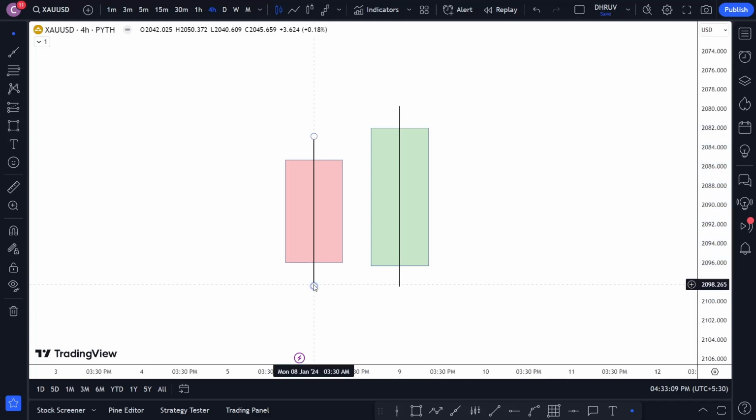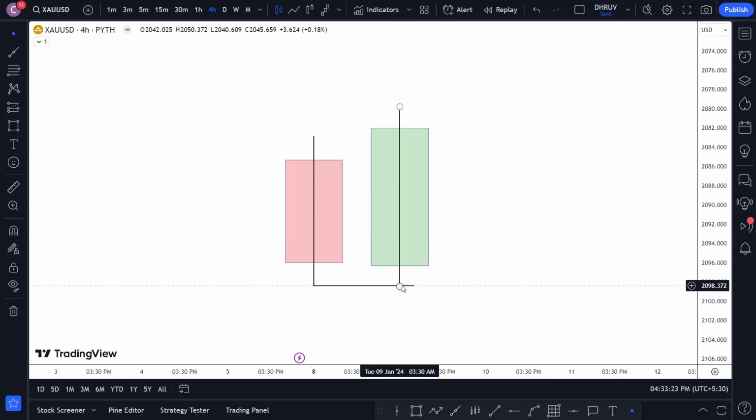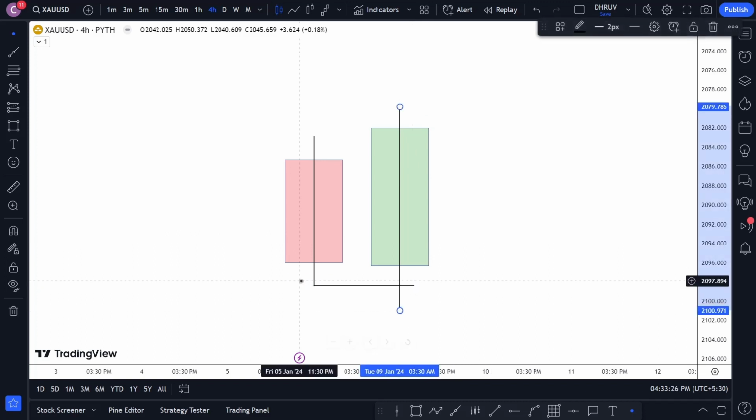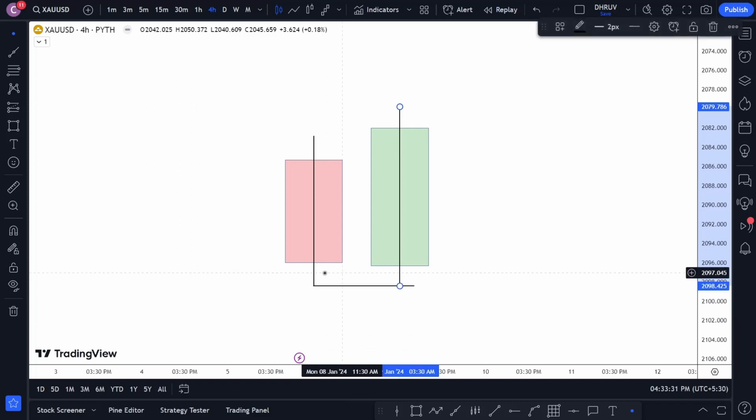Okay, so this low can be engulfed at the same exact area to be called a perfect engulfing candle. It can also be below the low of the previous candle, or at the same exact level as the low of the previous candlestick.